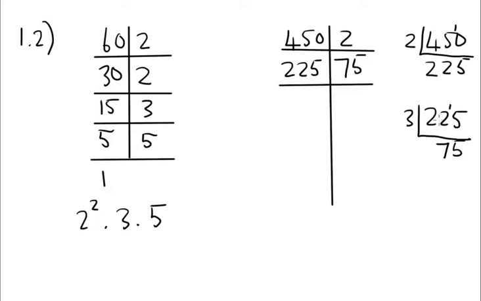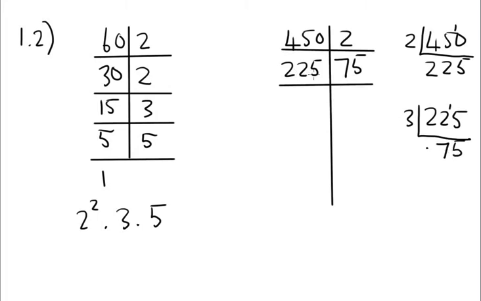Just to take it a bit slow, 2 divided by 3 doesn't go, so you can put a dot there. 22 divided by 3 gave us 7, and we had 1 left over, because remember 7 times 3 is 21. 22 minus 21 gives us 1. 15 divided by 3 gives us 5, right?